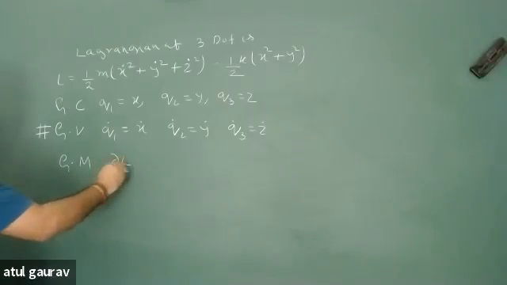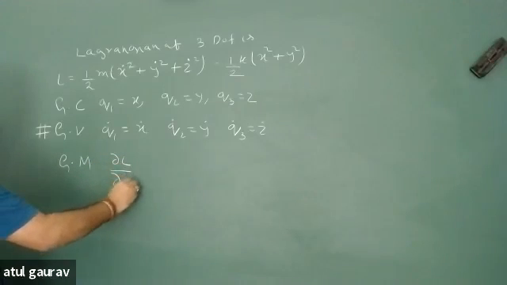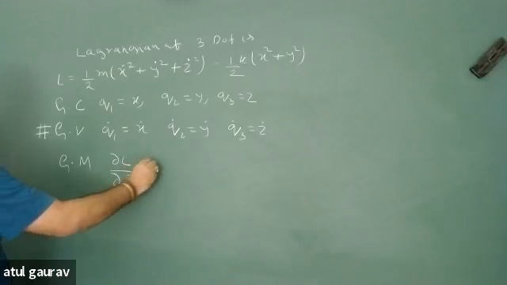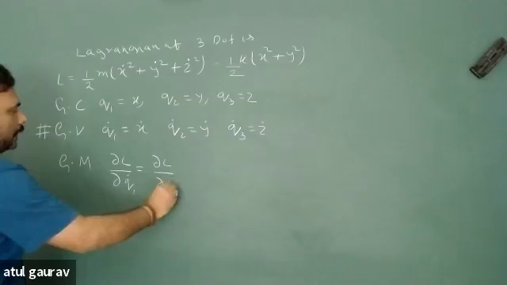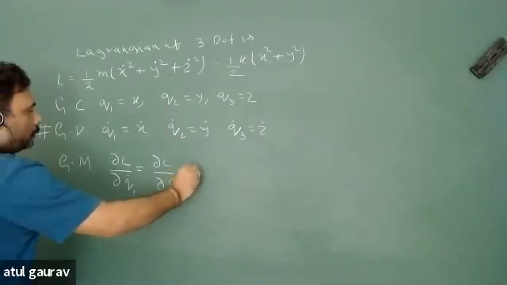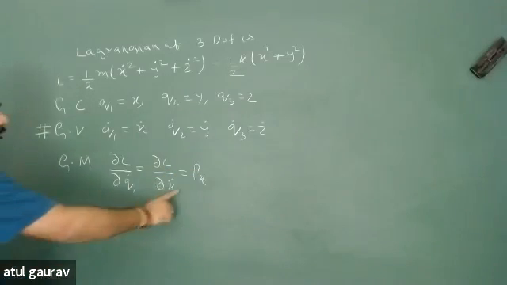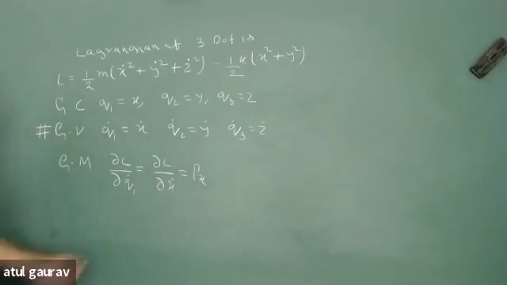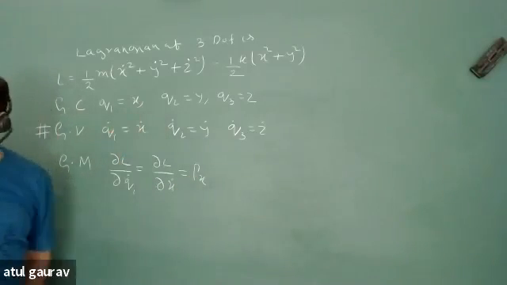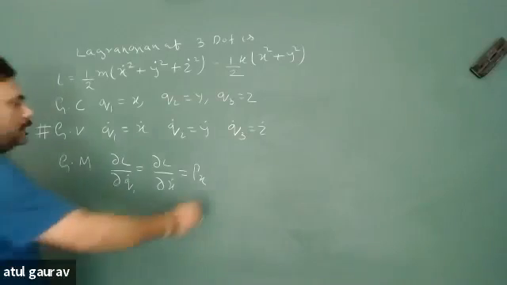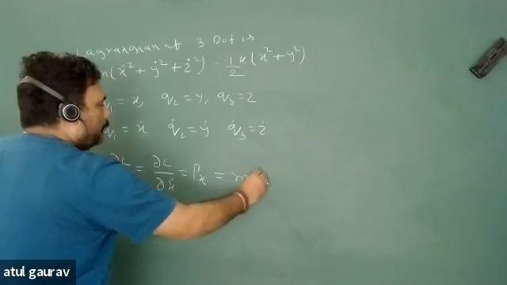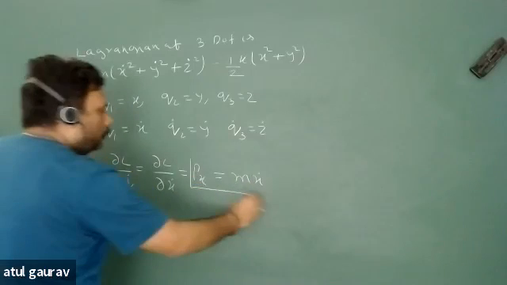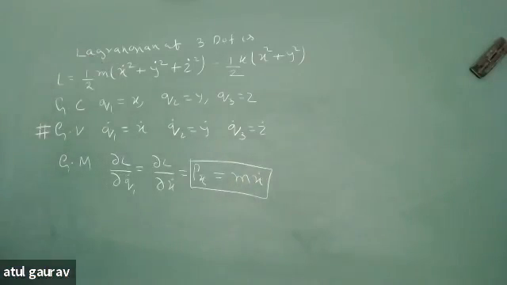First, del L upon del q1 dot is equal to del L upon del x dot, which I am writing as Px. What will be this value? You can just differentiate partially: m x dot. This is nothing but linear momentum.